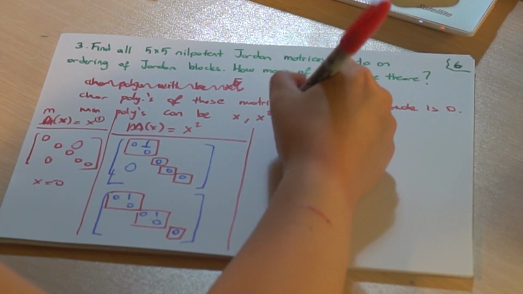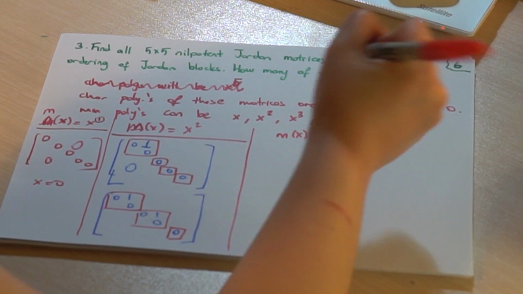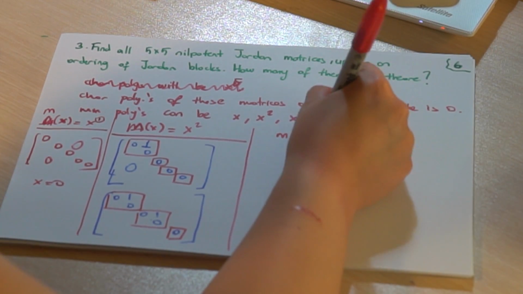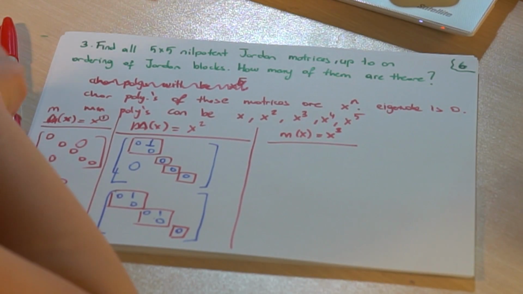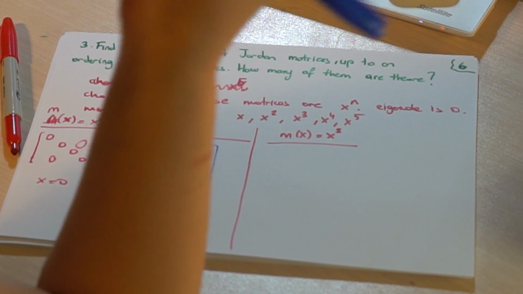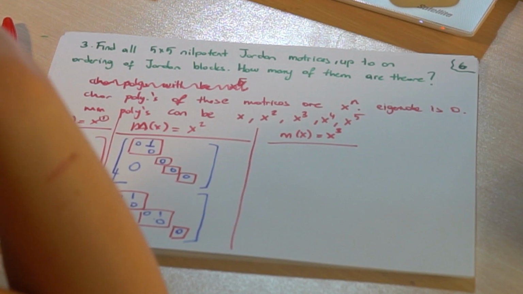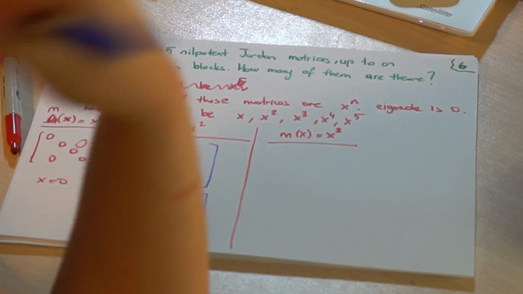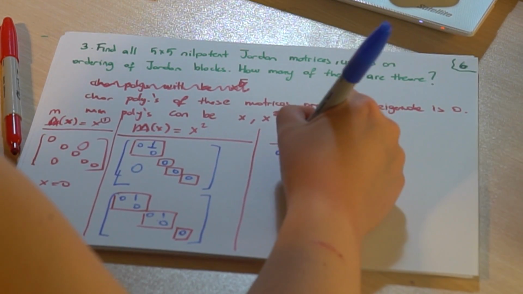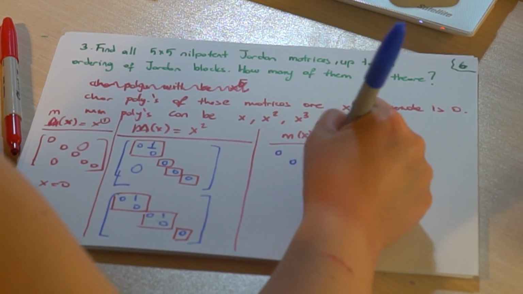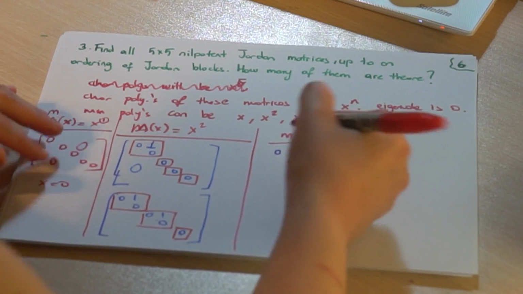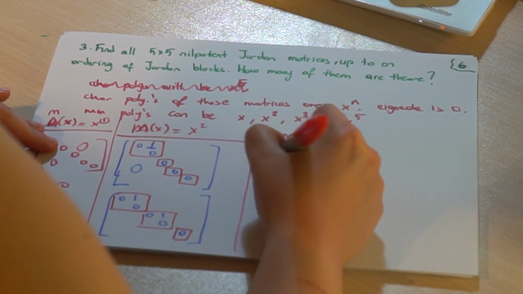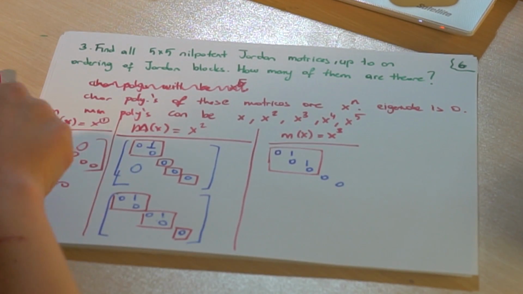Now let's look at the case where the minimal polynomial is x cubed. Then the maximal size of the blocks will be 3 by 3, right? We need to have 1 block of size 3 by 3.